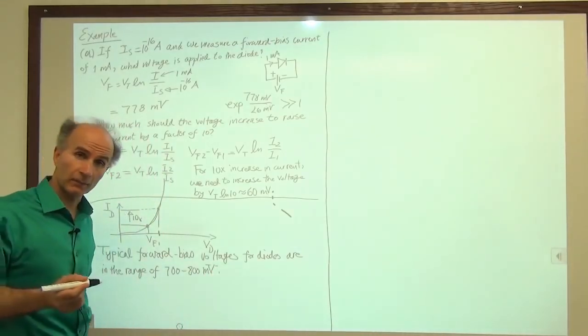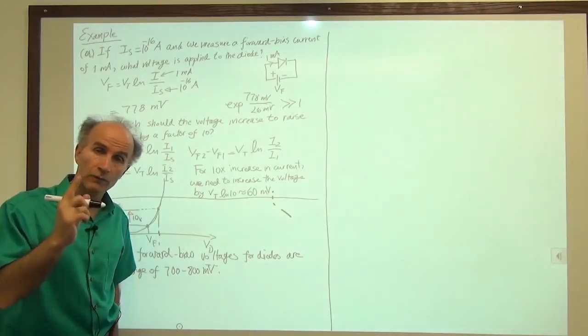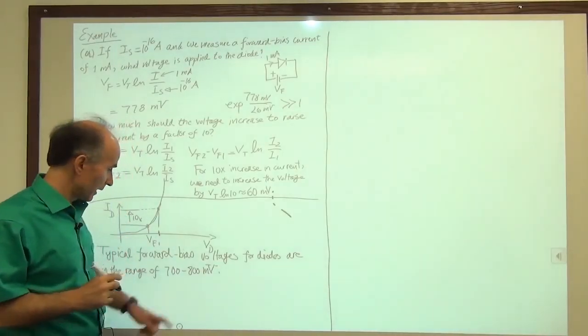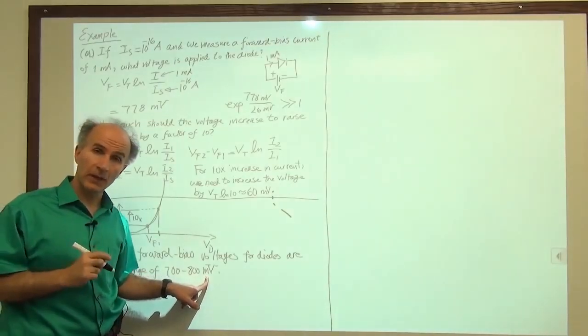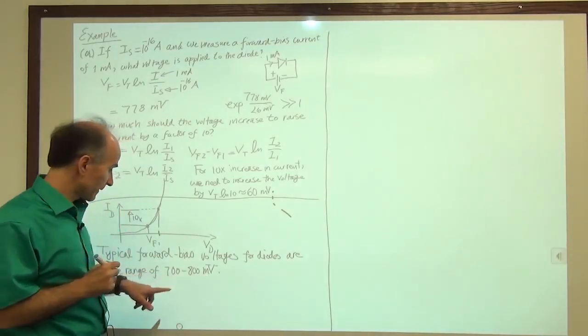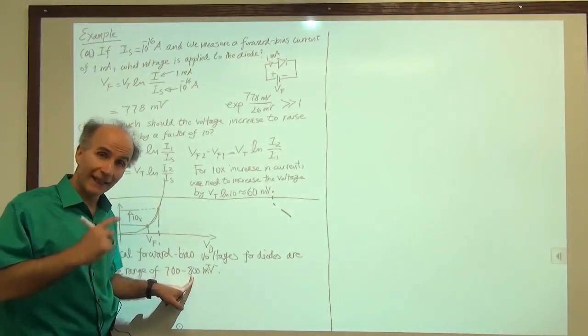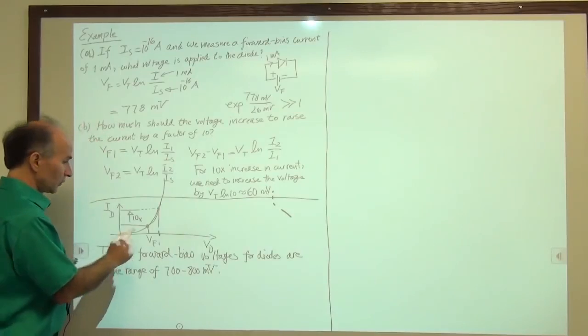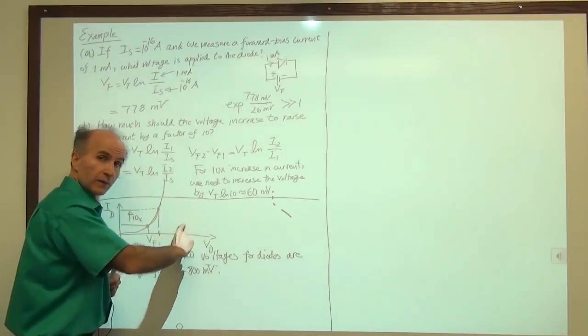That's a good approximation, because if you come along and say, I have a diode whose voltage in forward bias is 1000 millivolts, 1 volt, I would be extremely surprised. Why? Well, because that's 200 millivolts above this. 200 millivolts increase in voltage. 60 millivolts, 60 millivolts, 60 millivolts.